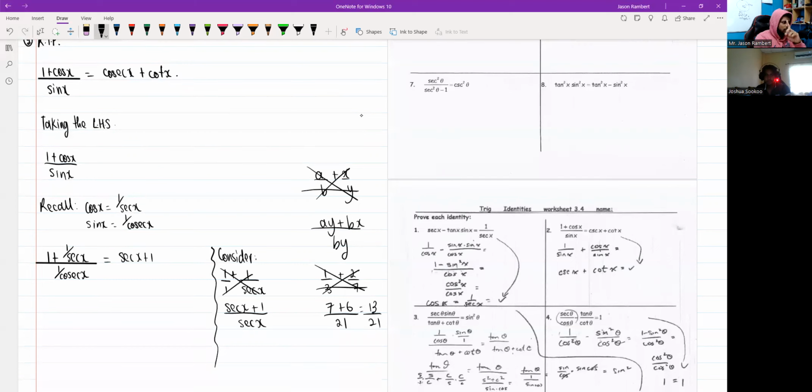This way, it's easier for me to see what I have to flip. Much, much easier for me to see what I have to flip. This is equal to (sec x plus 1) over sec x multiplied by cosec x. Yeah? But to me, it's not looking like I'm making any kind of progress whatsoever.